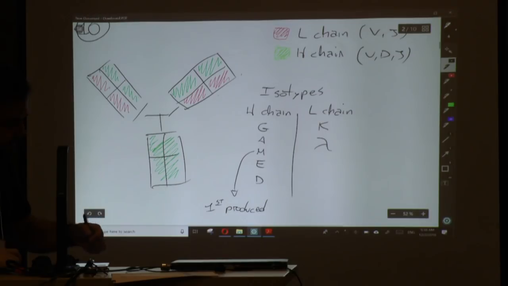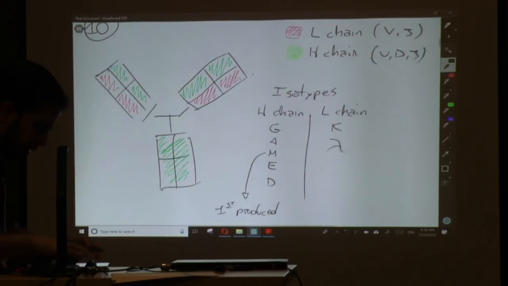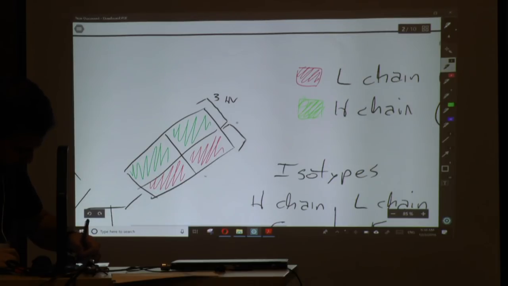But what I want you to take out of this is that each heavy chain and each light chain on each side will have 3 hypervariable regions each, for a total of 6 hypervariable regions, or CDRs. HV and CDRs are the same thing. So I'm going to go ahead and write it here. The heavy chain is going to have 3 HV, and then also 3 hypervariable regions, for a total of 6 hypervariable regions.